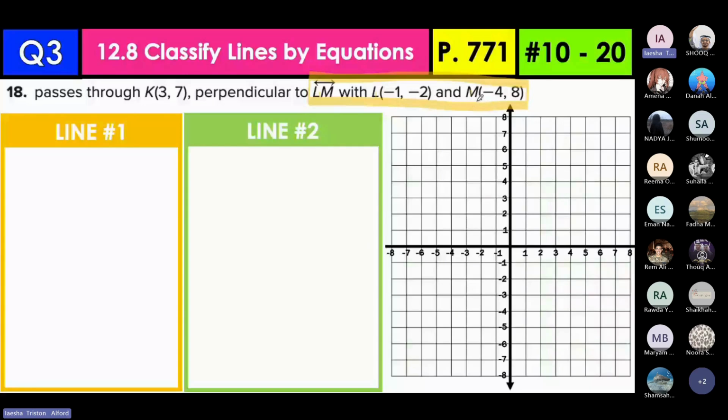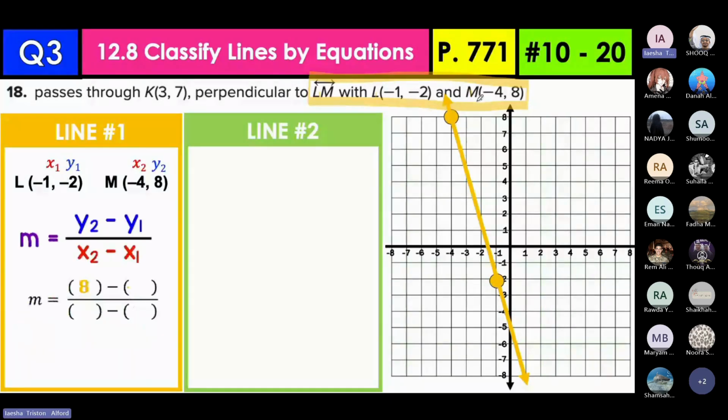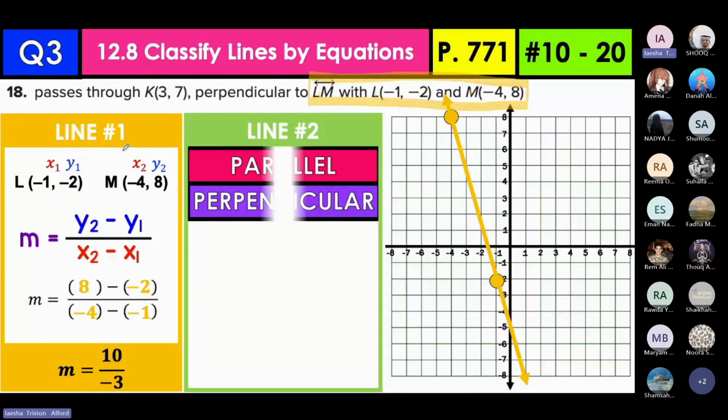So with a line LM, you're going to find the slope using rise over run, or you will use the slope formula. After you find the slope, you have to make the second line. The second line should be parallel or should be perpendicular.